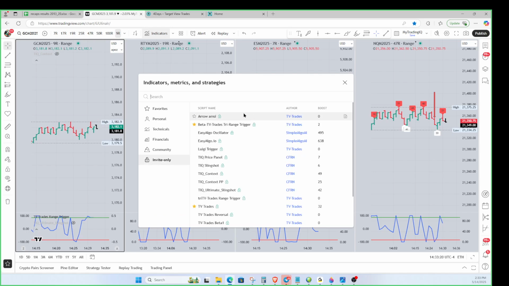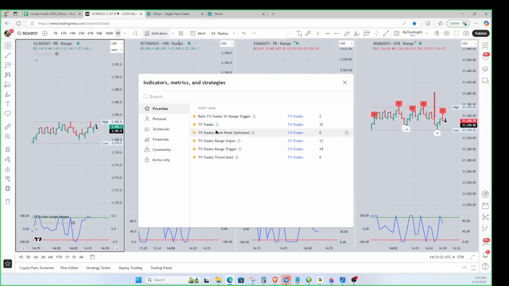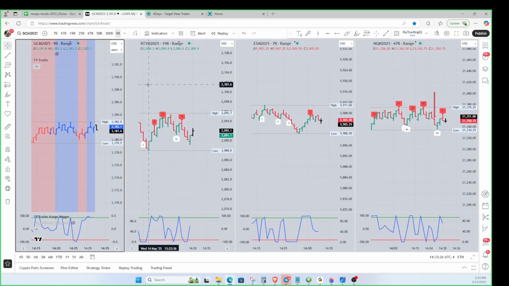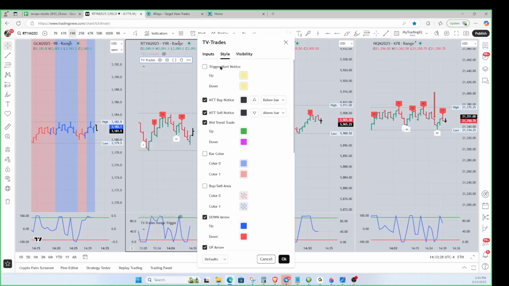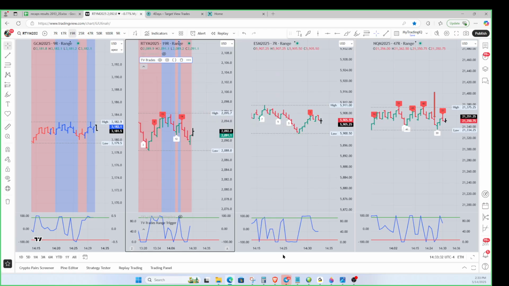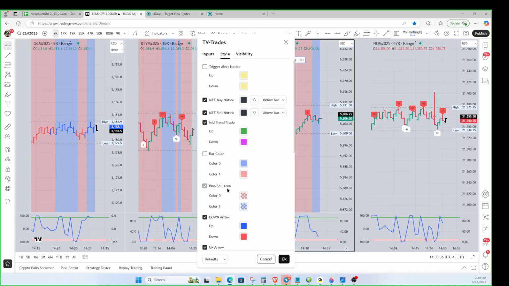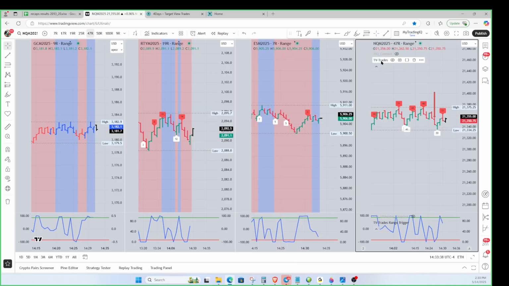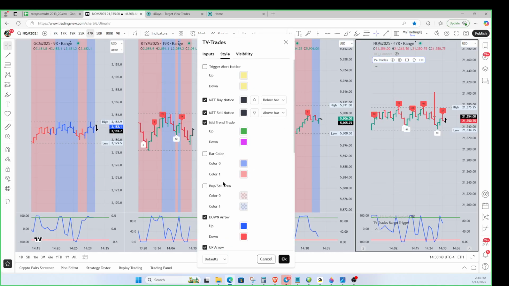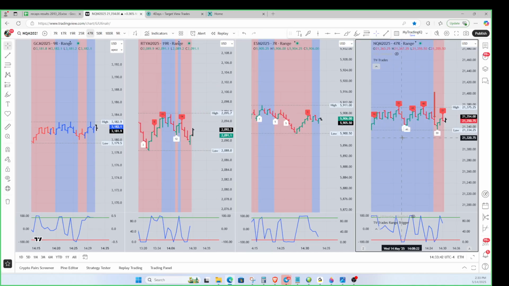Now, all I'm looking for when I'm trading is for the background color to be right, and for the trigger to be right. It's not a hard concept to grasp. It's really simple. There's a few other things that I want to go over today as well.